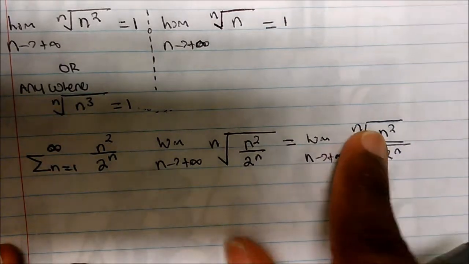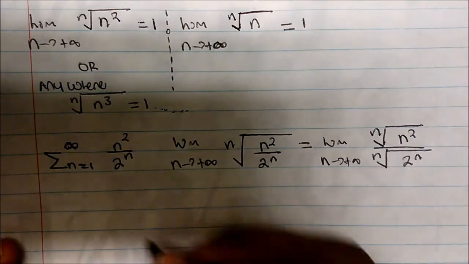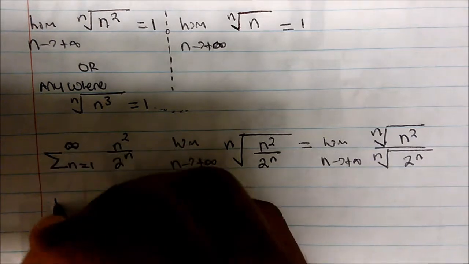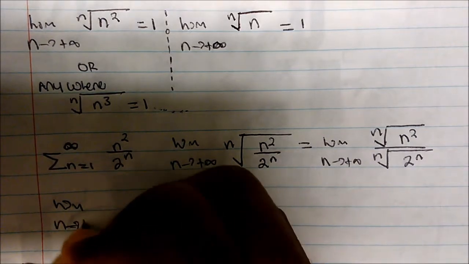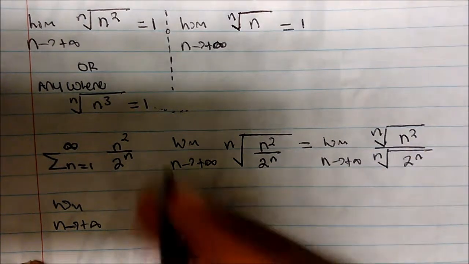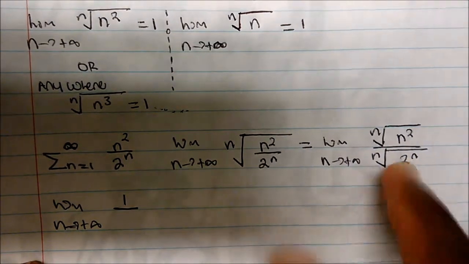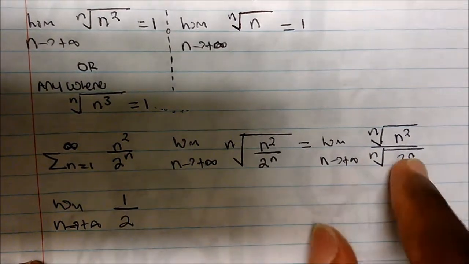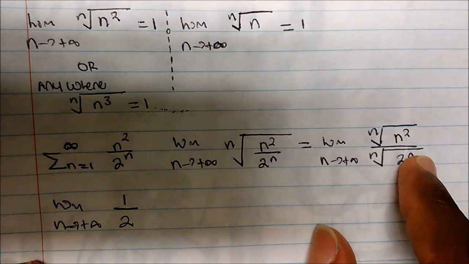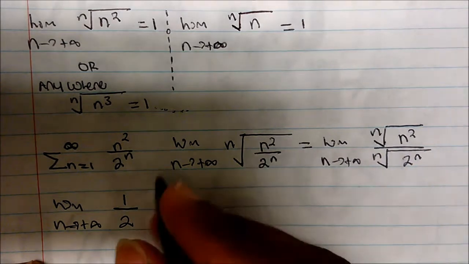Hopefully we could see by now that the nth root of n squared is 1, just like we said. The nth root of 2 to the n, the n's will cancel out, and that will just give me 2.